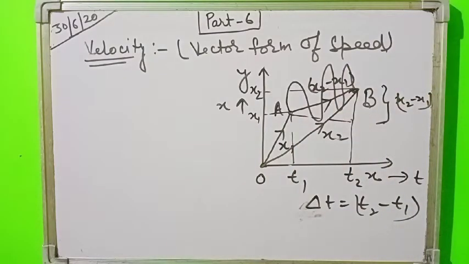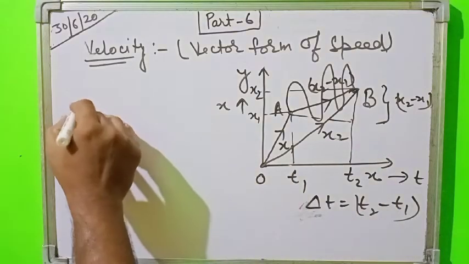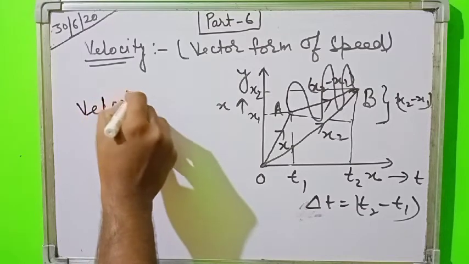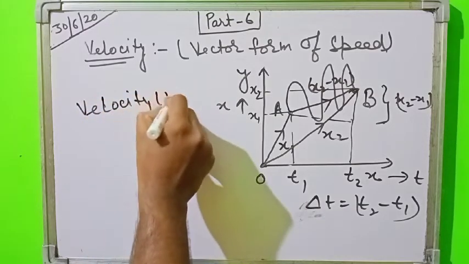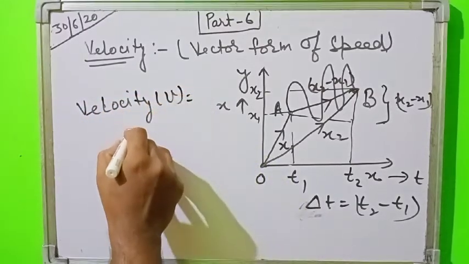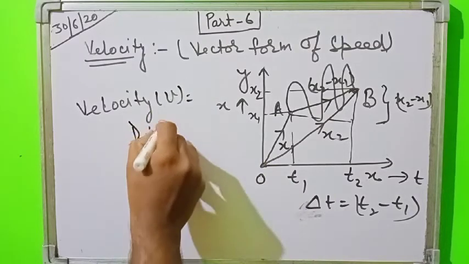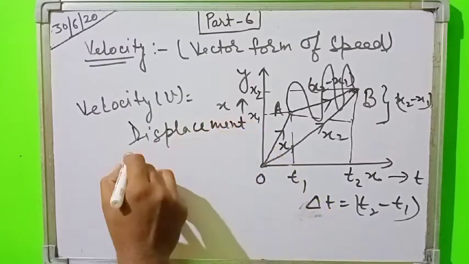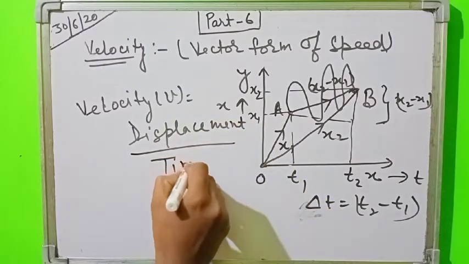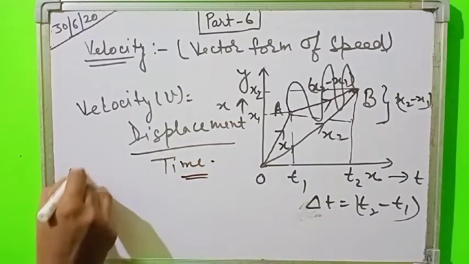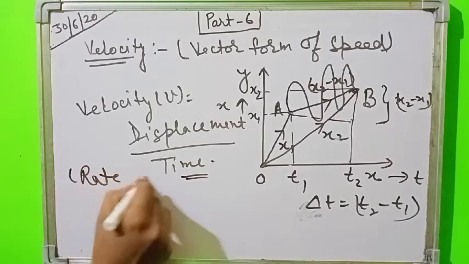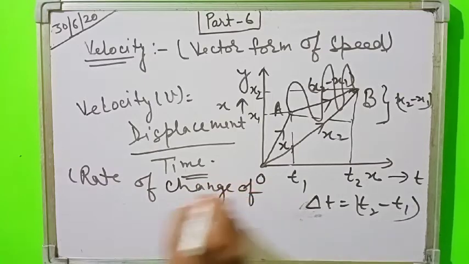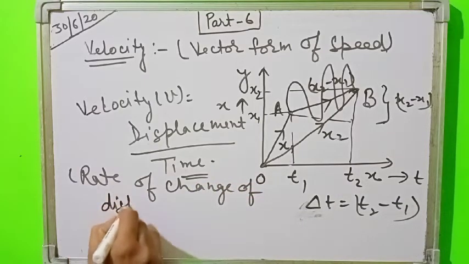Now velocity v is given by displacement upon time, or you can say the rate of change of displacement.